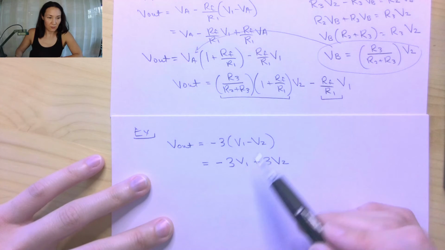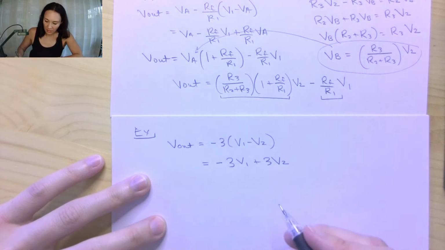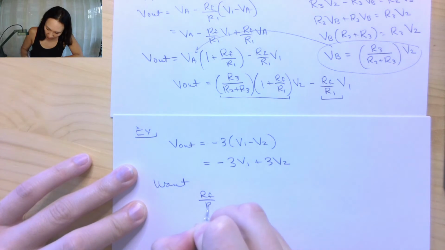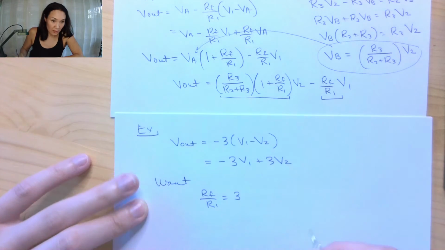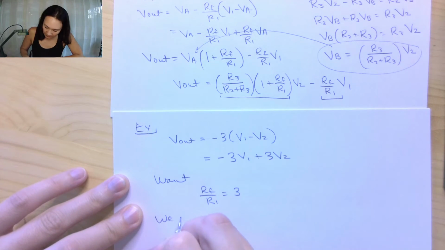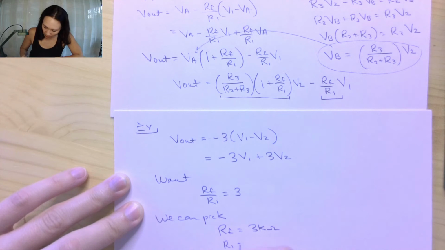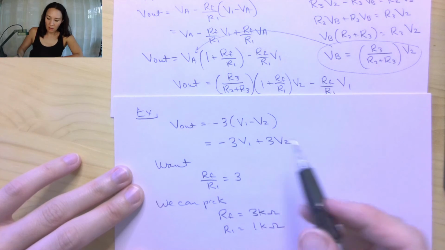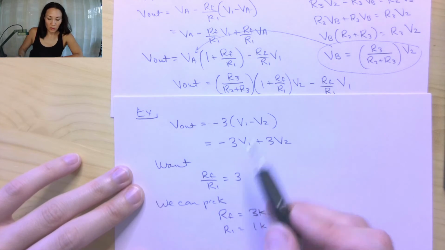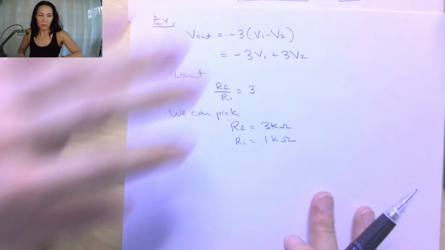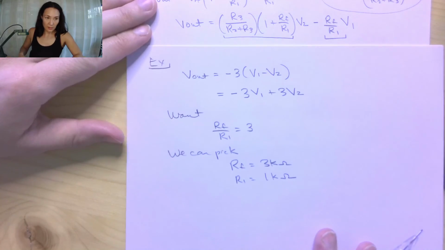This has a negative and this has a negative, so I don't have to worry about the negative. So we want RF over R1 to be equal to 3. That means we can pick RF to be 3K ohms, and we can pick R1 to be 1K ohms, and that will satisfy this first coefficient matching.